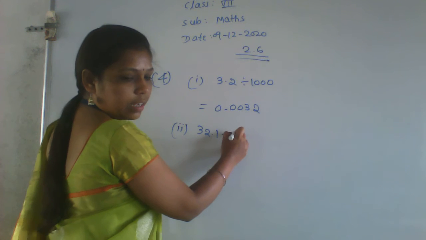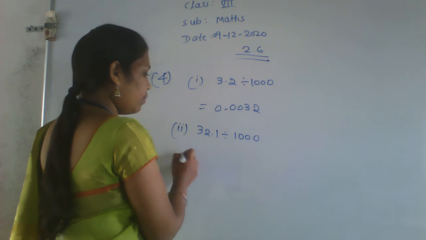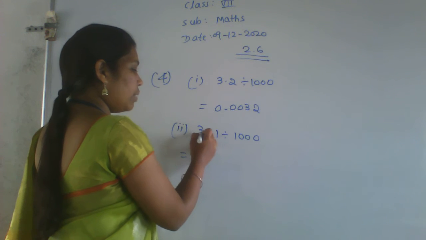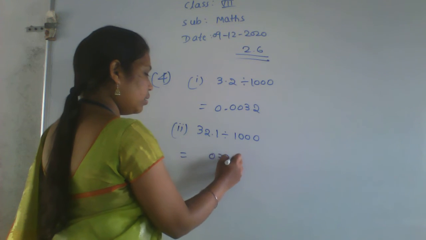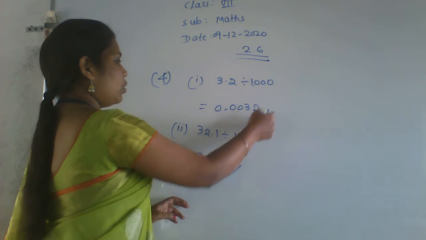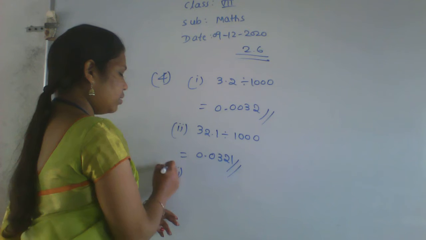Next, second one. 32.1 divided by 1000. Two numbers are there, we want another number. 0.0321 is the answer.